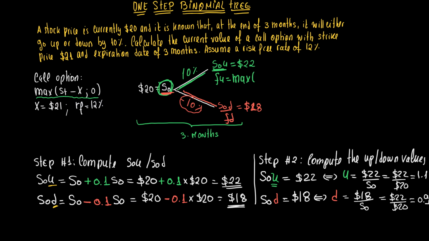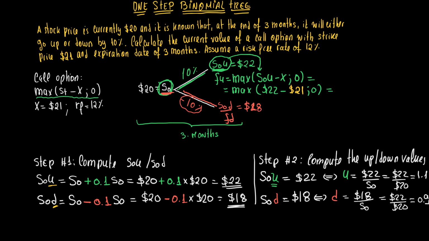What is the stock price in this situation? It's this one here. I am representing an up movement of my stock price. So my payoff is going to be the maximum of the stock price when the stock goes up minus the strike price, or 0. I substitute the values: the maximum between 22 minus the strike price, which is 21, or 0.